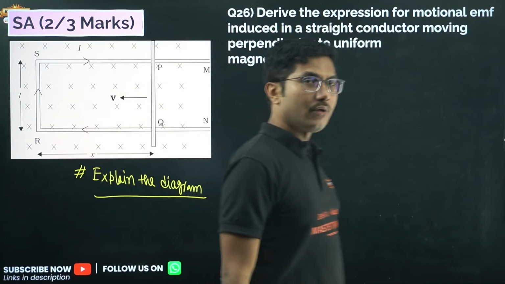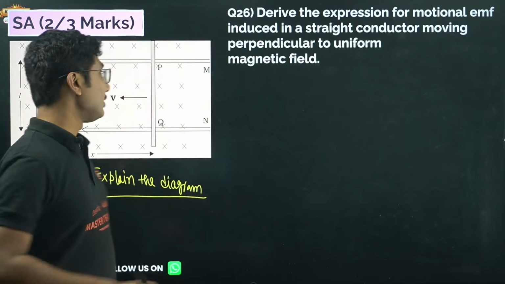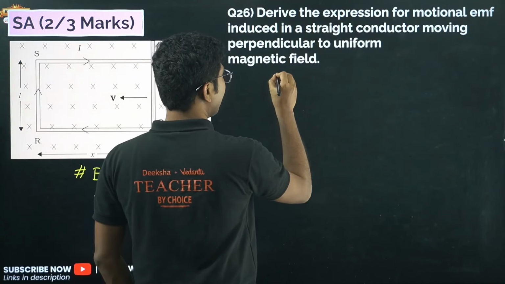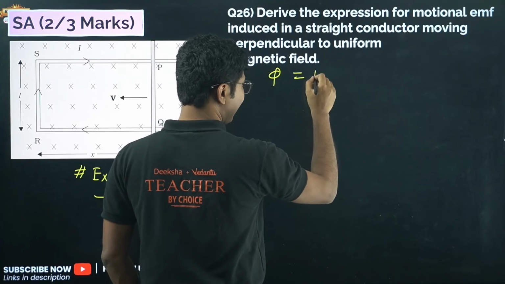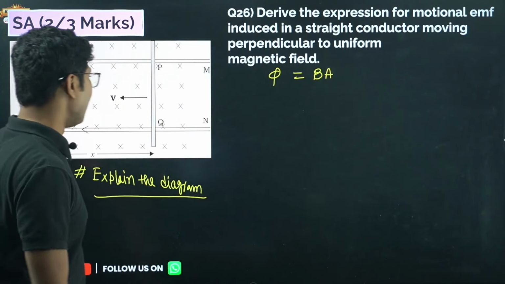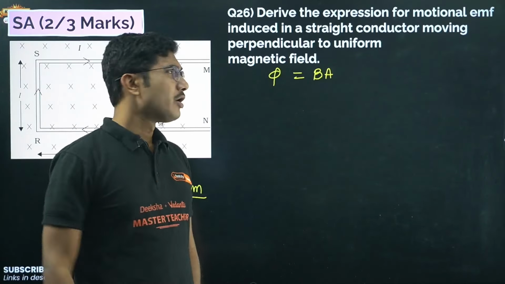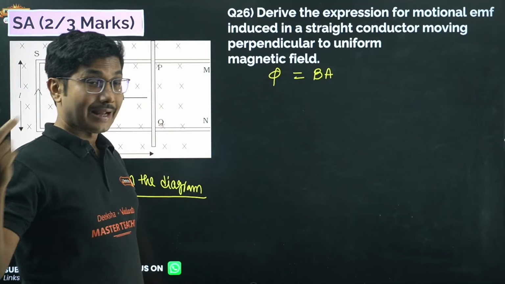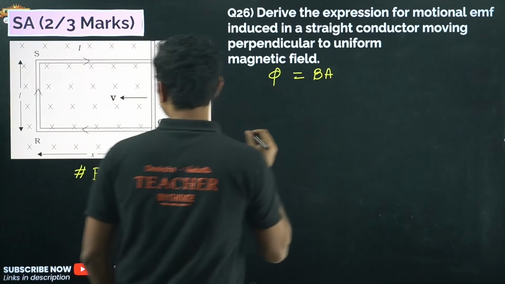Now, velocity is given. You have to calculate the flux linked with the loop. Flux linked with any coil, or in this case a closed loop, is given by magnetic field into area. What is the area in this case?